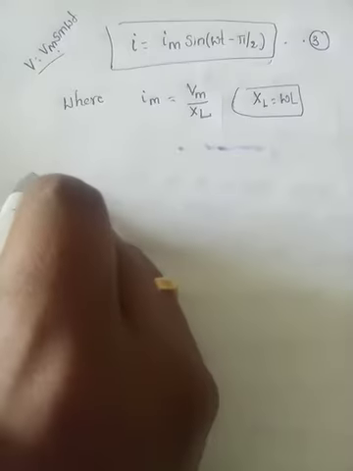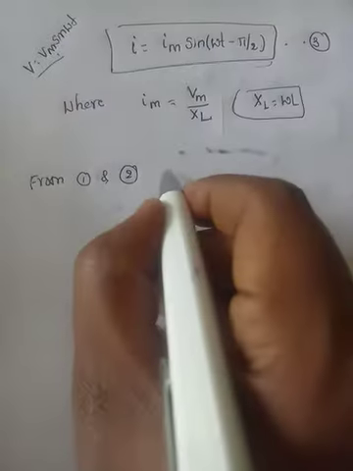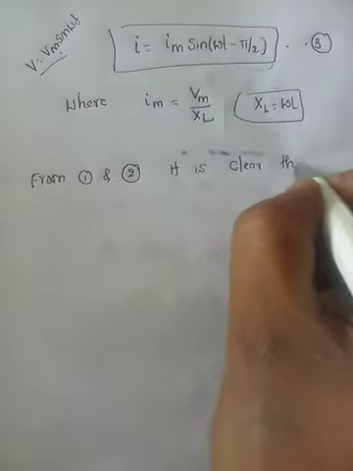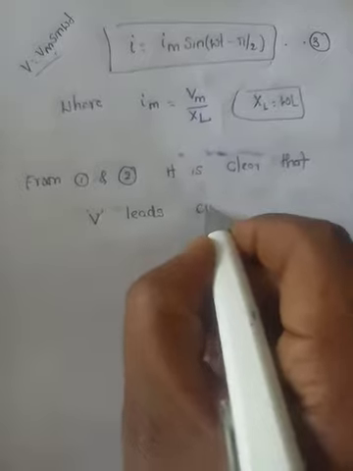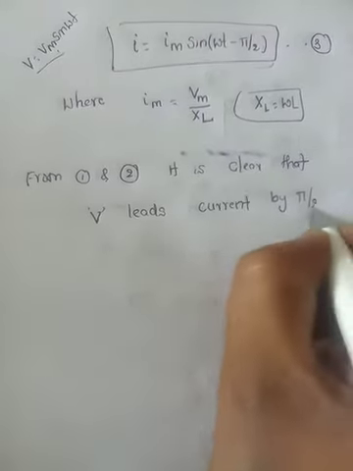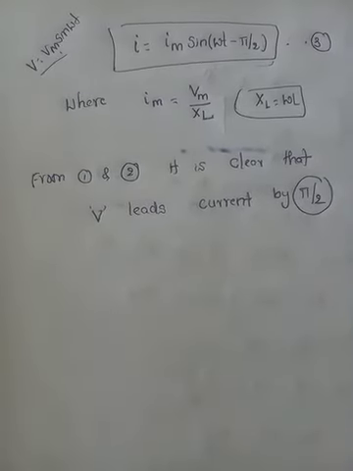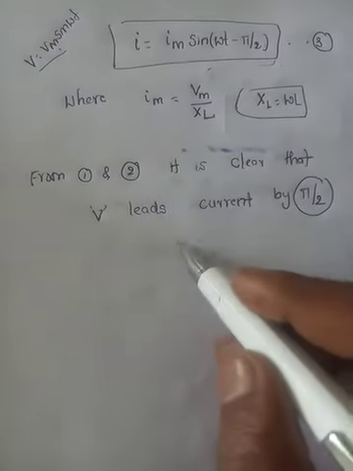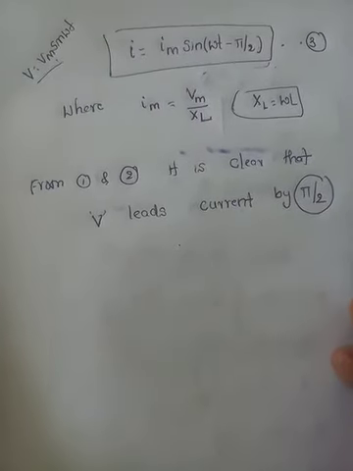From 1 and 2, it is clear that voltage leads current by pi by 2. If it were plus, we would say that voltage lags current by pi by 2, but here I equals Im sin of omega t minus pi by 2, so voltage leads current by pi by 2. So the phase difference we got is pi by 2; in the previous case it was 0.